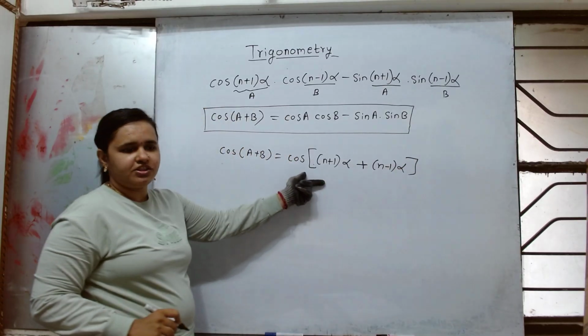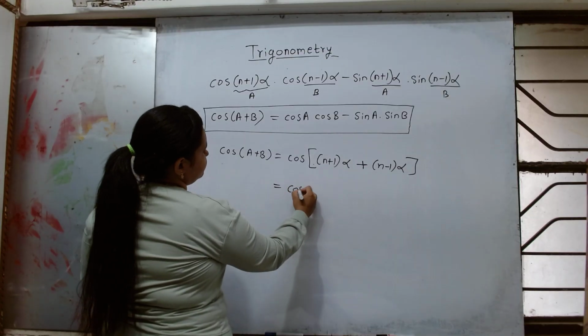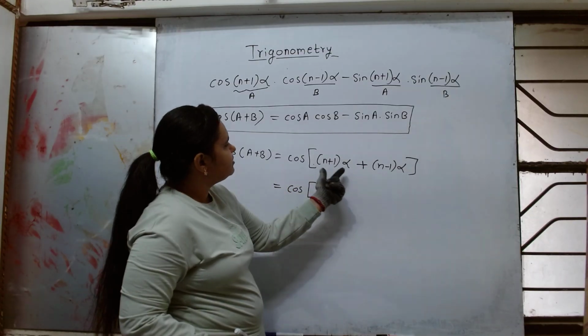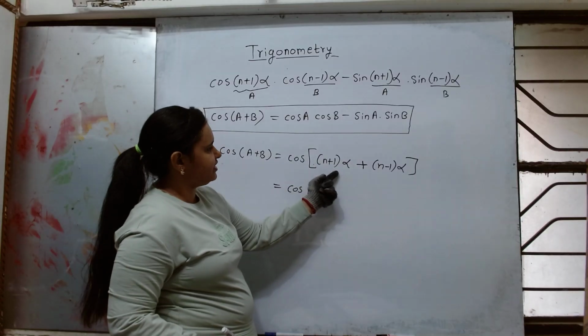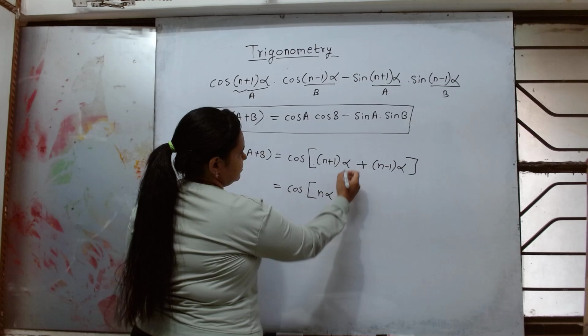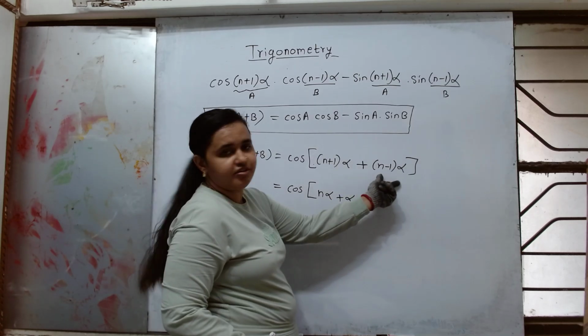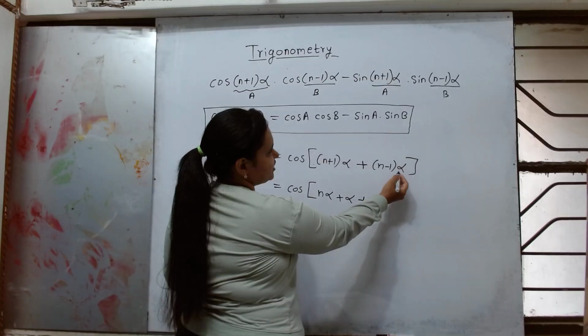So we will solve the bracket. It will be cos of α multiplied into the bracket, nα plus α, and in the second bracket, nα minus α.